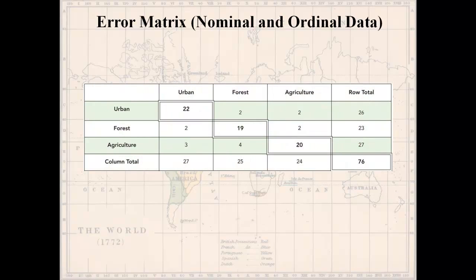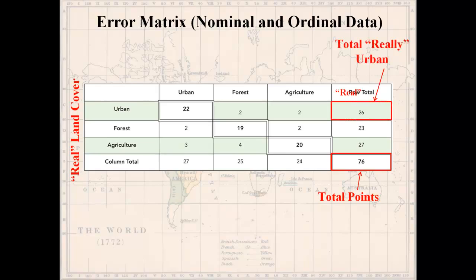If you have nominal and ordinal data, the categorical data, you usually use what's called an error matrix to estimate your error. So the way this matrix works is, let's say you go out and do your checking at 76 points. The rows in this matrix are what really is out there. When you go out to the 76 points, you find that there really are 26 urban places.